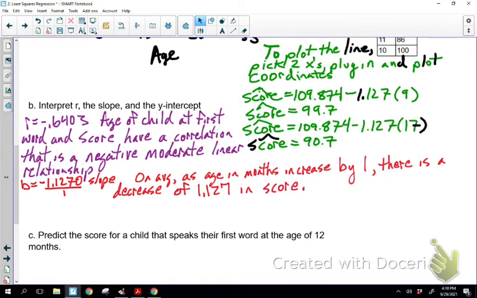So I think that's fine how I wrote it, but I like the way I said it that second time. So every 1 month increase in age, something along those lines. As long as you attach 1 to x and the actual slope is attached to the y, you're safe. You got it. All right, let's describe y-intercept.